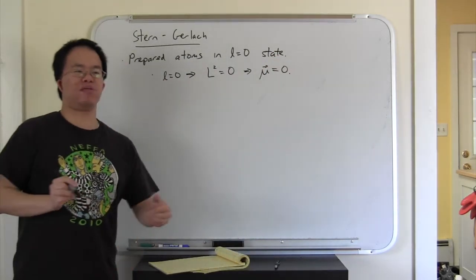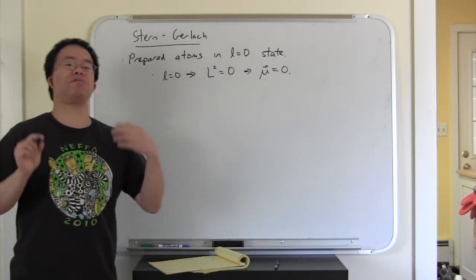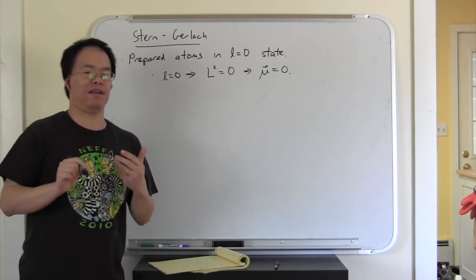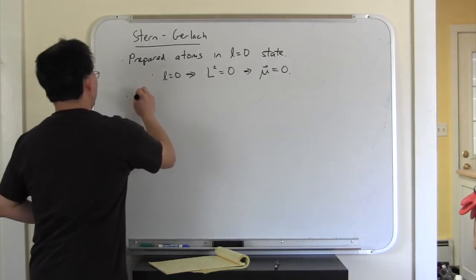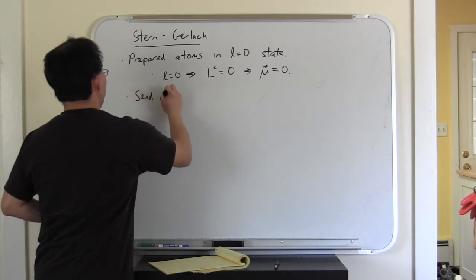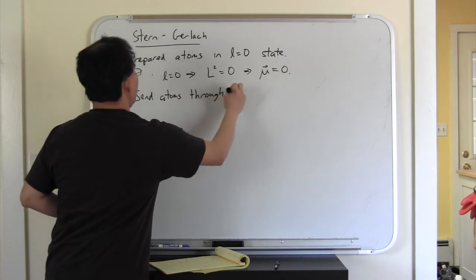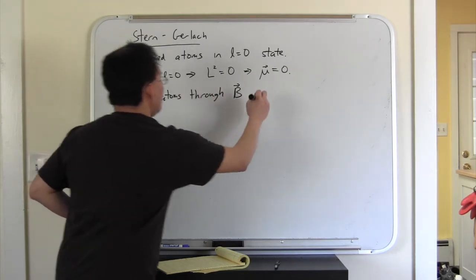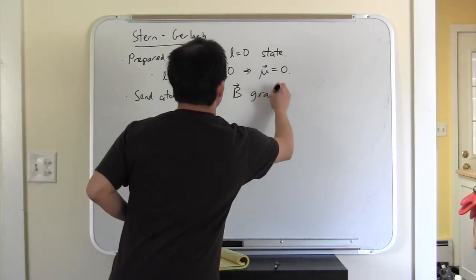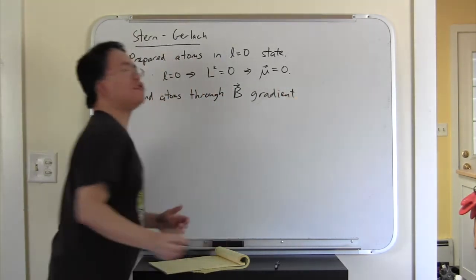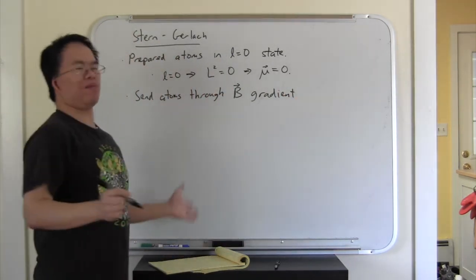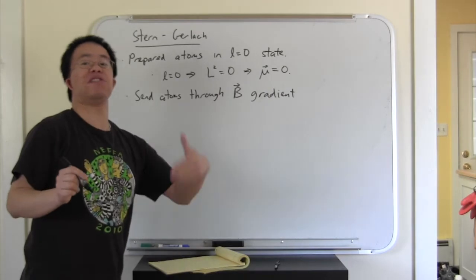What they then did was to send these atoms through a gradient of magnetic field. And for purposes of this argument now, let's assume that their field gradient was in the z direction.